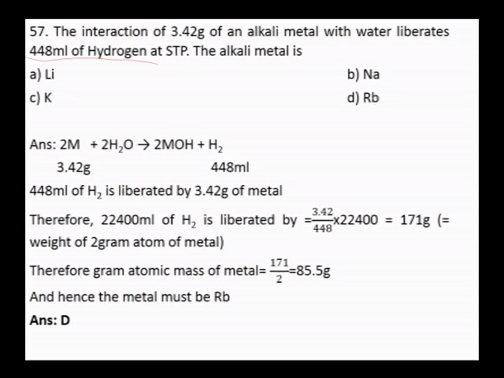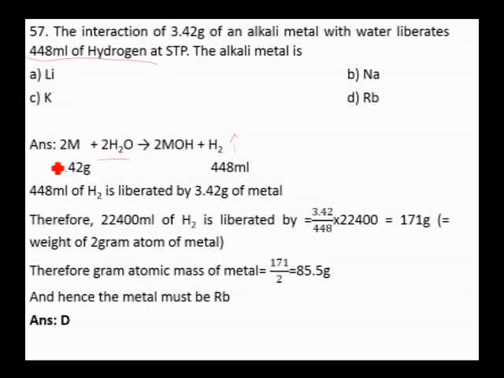You know, all alkali metals will definitely react with water and they form metallic hydroxides. The metal on reaction with water will have a vigorous reaction, forms metallic hydroxide, and in the process hydrogen gas gets liberated.